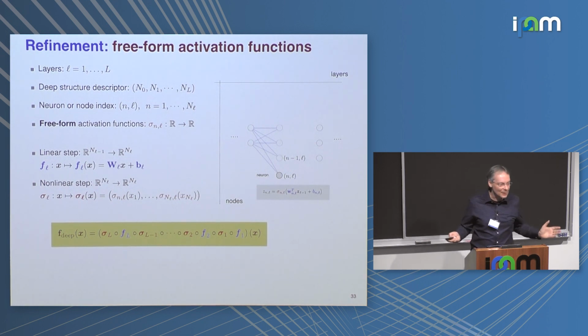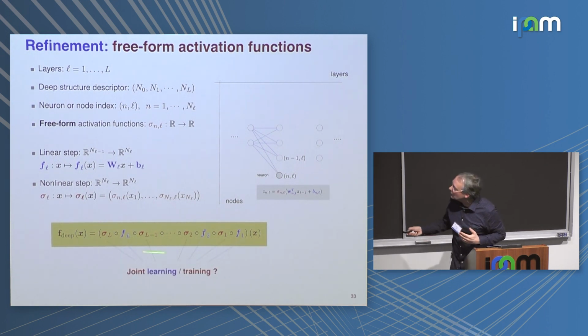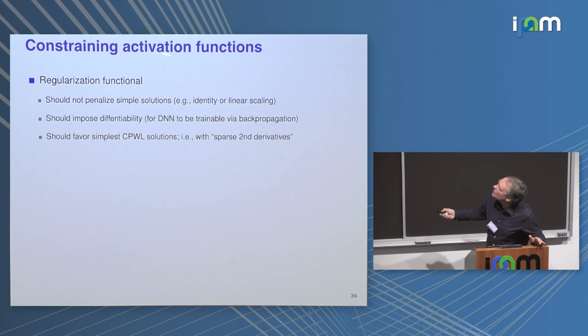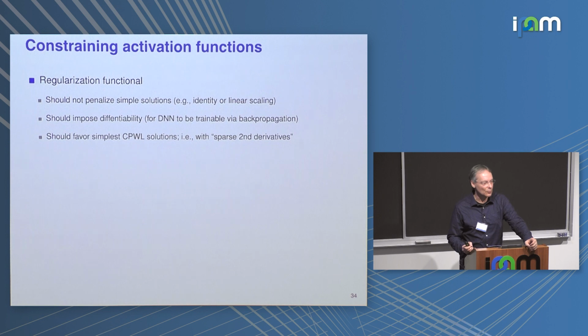This thing doesn't work, but we know regularization. So let's now train our neural network and train all the nonlinearities. And how do we do it? We need to constrain the activations. We should not penalize simple solutions. Linear, that's perceptron. So we should allow for the linear; somehow we should not penalize linear.